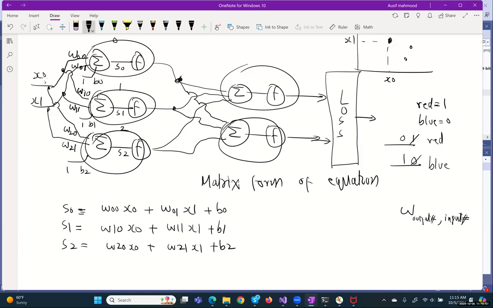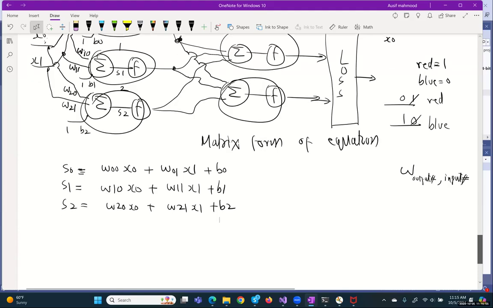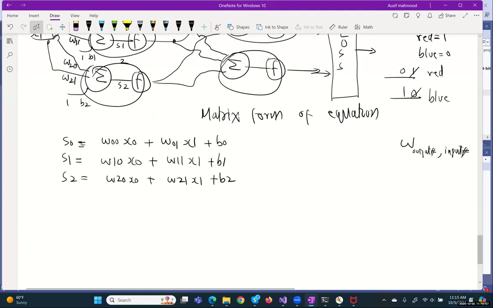Okay. So once we write this, now you will see that this could easily be written as a vector and matrix.